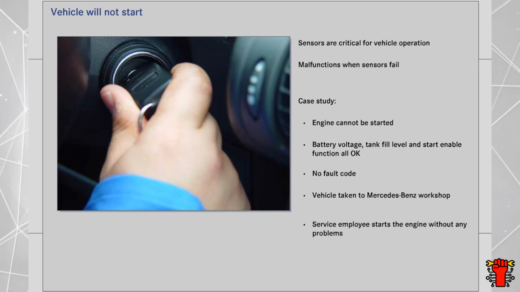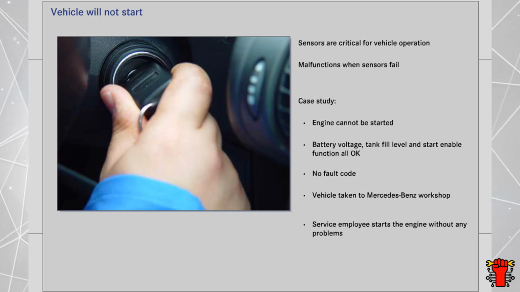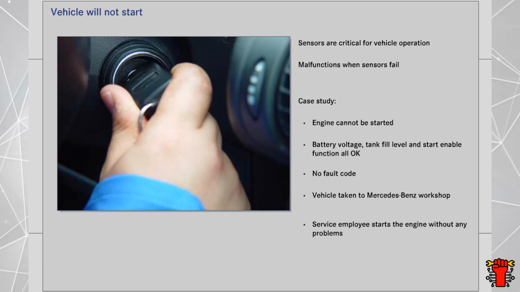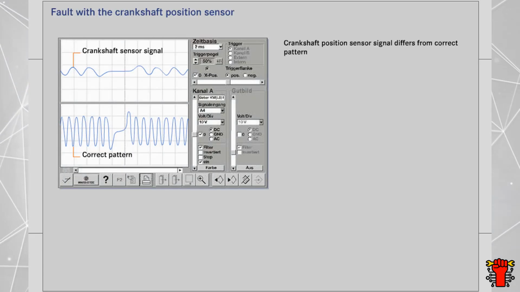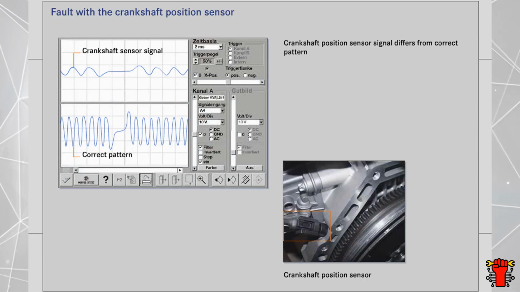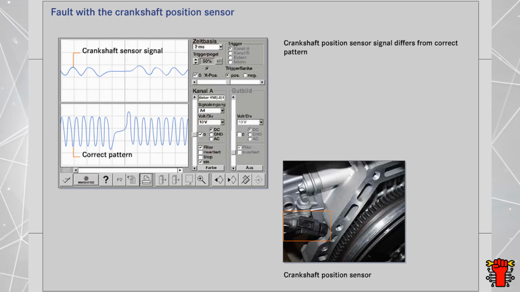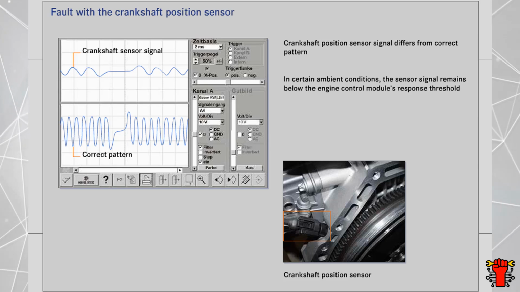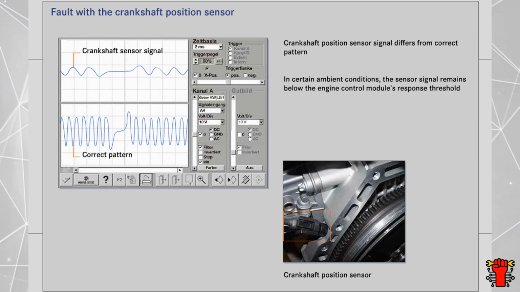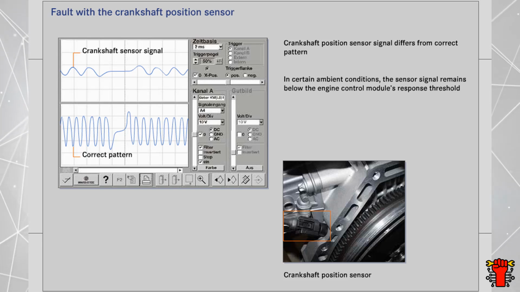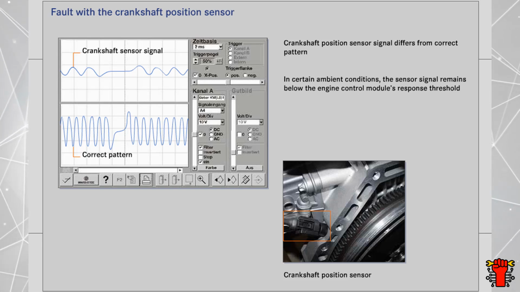What might be causing the starting problems on this customer vehicle? Further troubleshooting reveals that the sensor signal of the crankshaft position sensor differs from its correct pattern. In certain ambient conditions, it's possible that the signal will be below the response threshold of the engine control module.